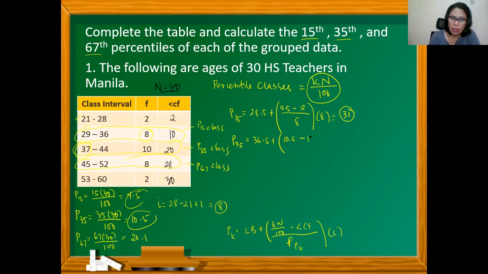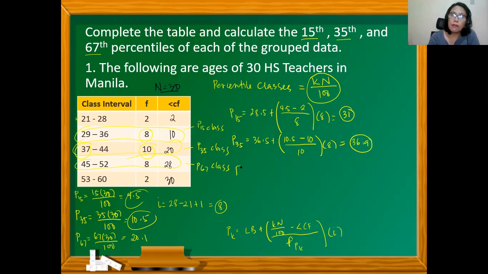So this is less 10, all over the frequency of the P sub 35 class, which is 10. And then divided by the class size. So we have 36.5 again plus the product of the first factor times the second factor, which is the class size, equal to 8. So we have 36.9 for P sub 35.